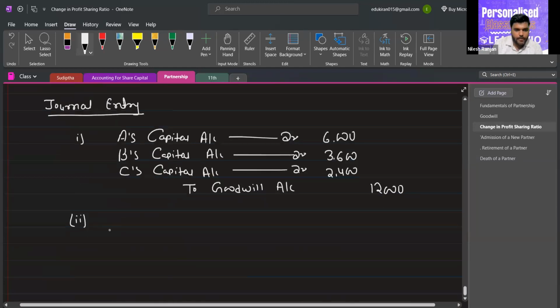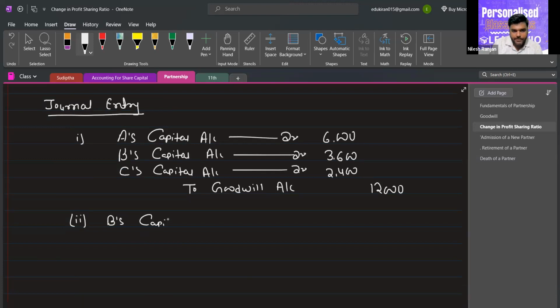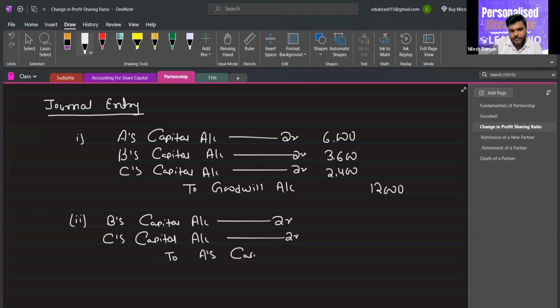So B capital account and C capital account to A capital, 30,000 multiplied by ratio, so it is 5,000, 1,000, and 4,000.